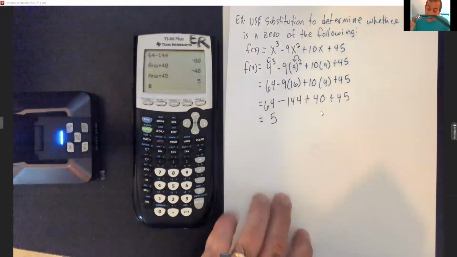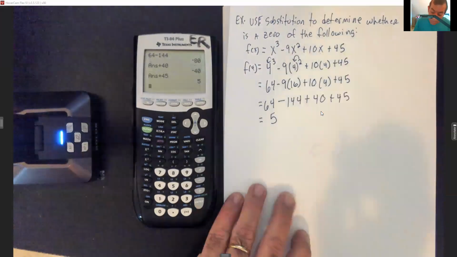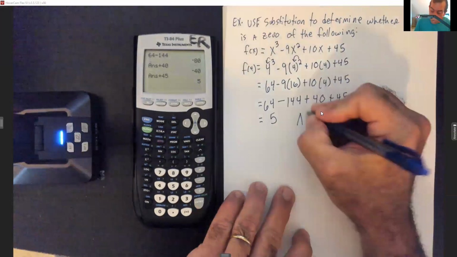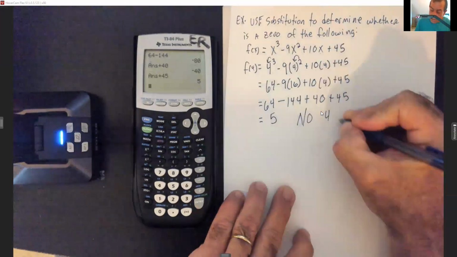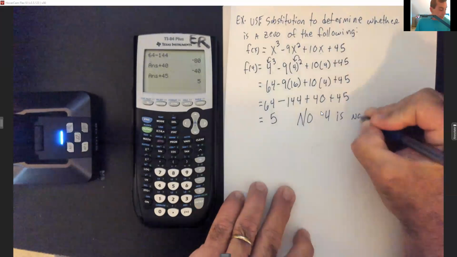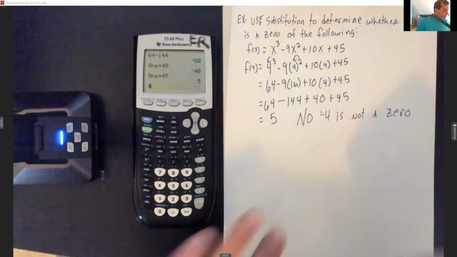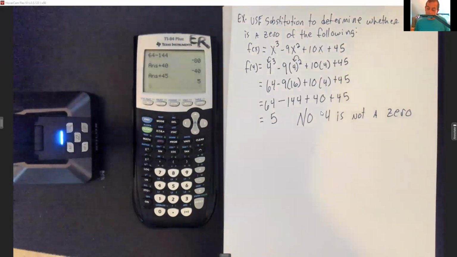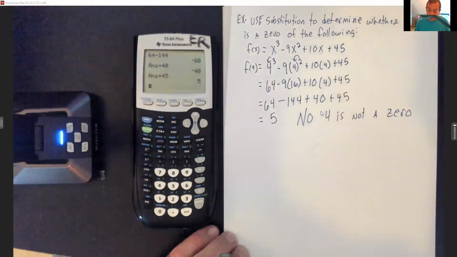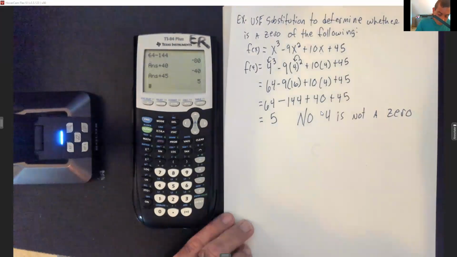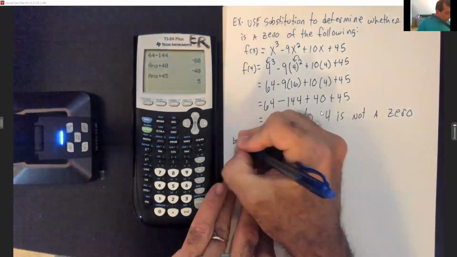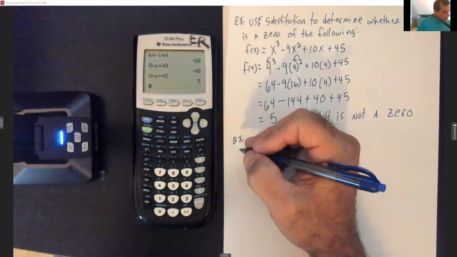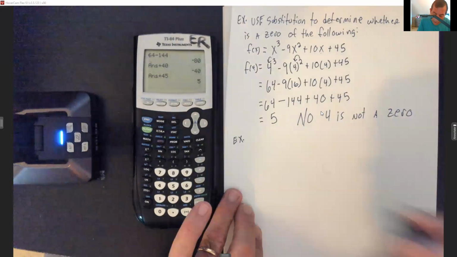So since my answer was not 0, that means no, 4 is not a 0. Okay, y'all, so you're just going to have one where they have you check a number, okay? All right, oh, not an example yet.